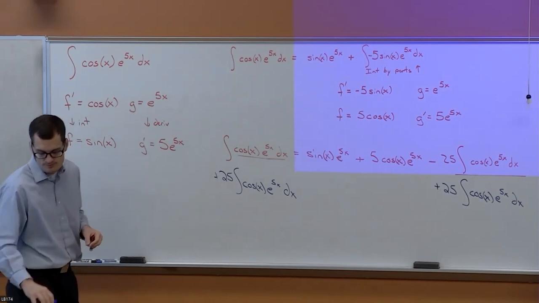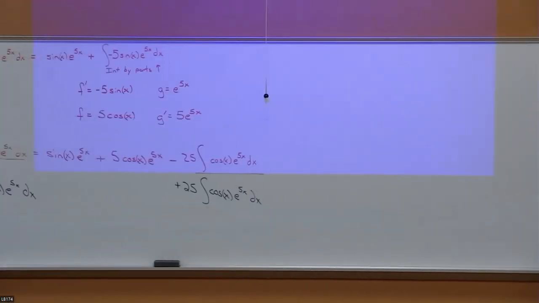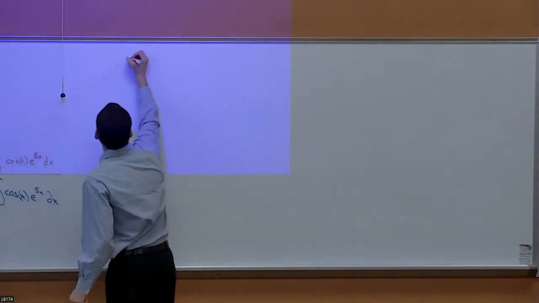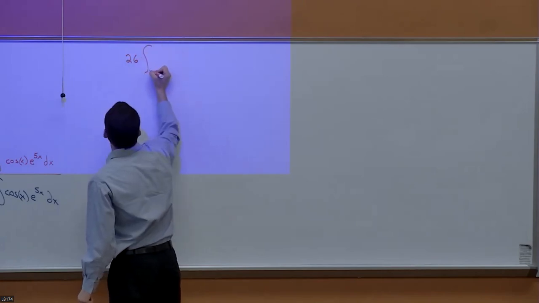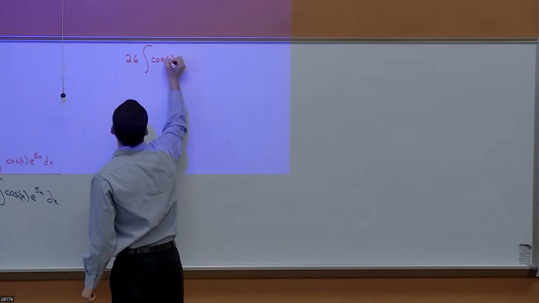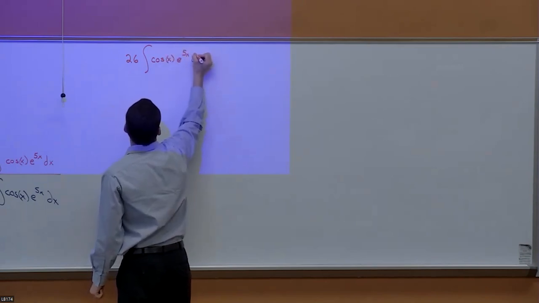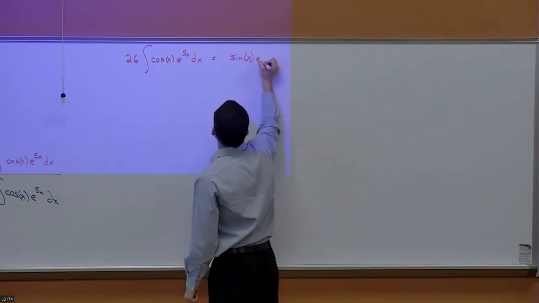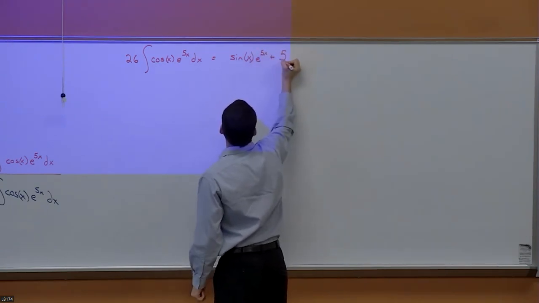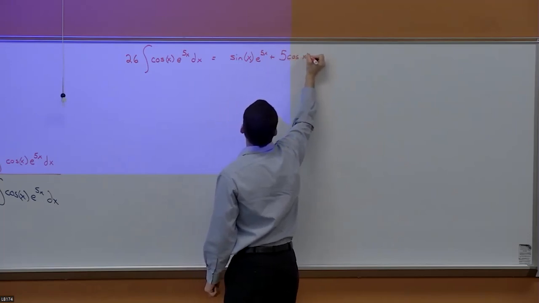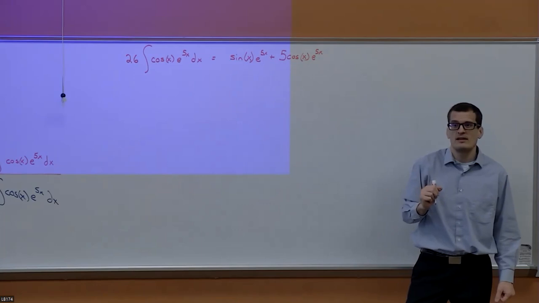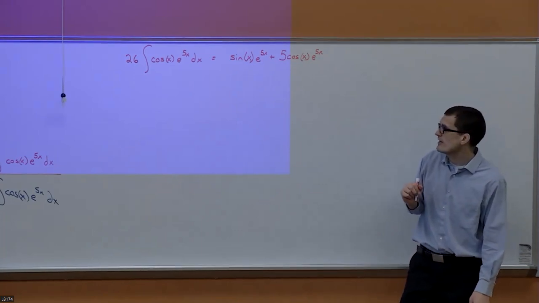All right, so when we do that trick, we have to be conscious that when I have this step, this 26 times the integral equaling sine x e to the 5x plus 5 cosine x e to the 5x, there is a plus c over here that I'm not necessarily including right now.